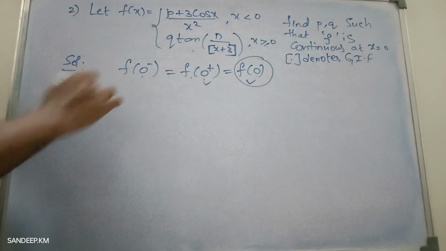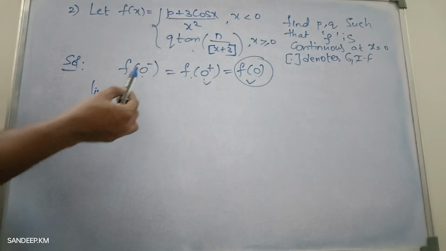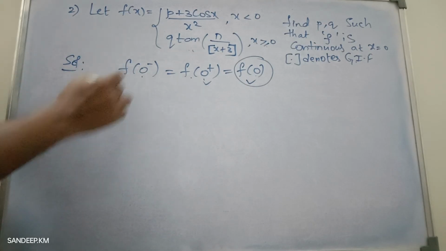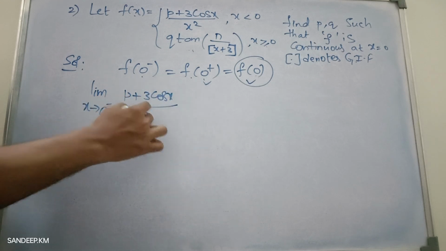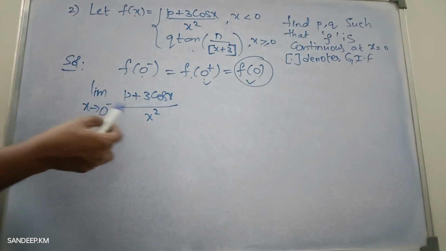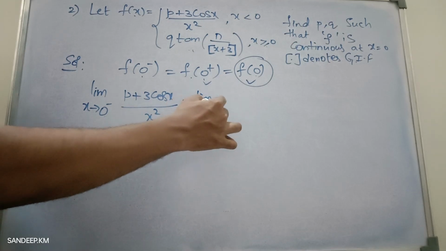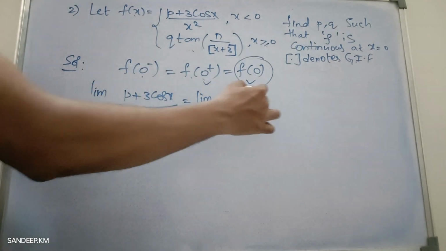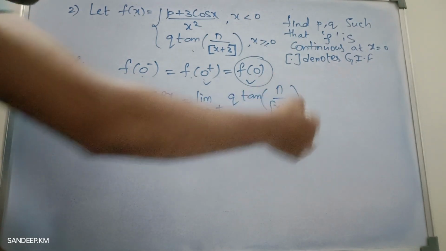Okay, first the left hand limit, x approaches 0 minus. So when input is just lesser than 0, f of x is going to be p plus 3 cos x divided by x square. And for the right hand limit, x approaches 0 plus, f of x is going to be q into tan of pi divided by [x] plus 3.